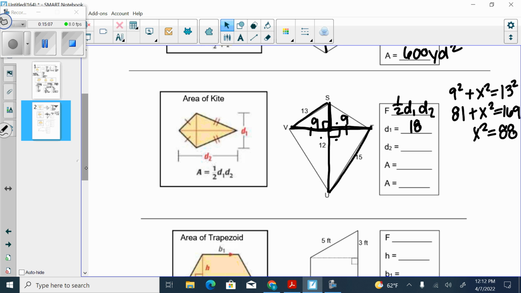So I take the square root of both sides, but is there a square root of 88? No. So you're not going to come out with just a single number. But we can't turn it into a decimal either, because then at that point it's an estimation, right? So I'm going to have to simplify this myself. So I ask, what multiplies to give me 88 and also has a square root? You guys think of any number that multiplies to give us 88 and will have a square root.